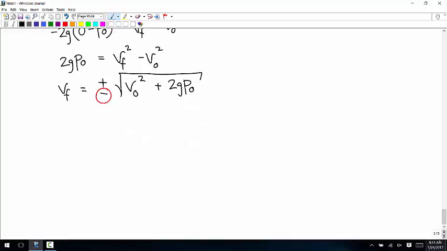Okay, there's one last topic we need to talk about with particle kinematics in 1D, and that's relative motion.